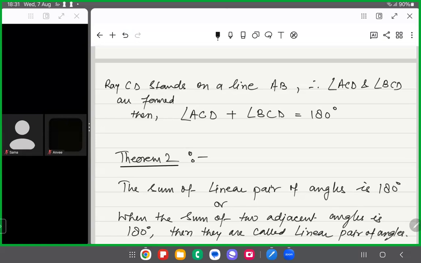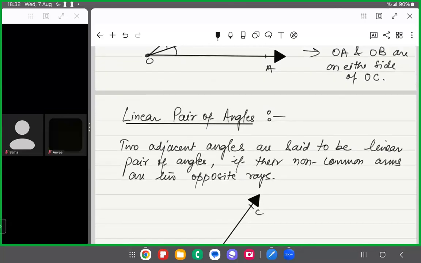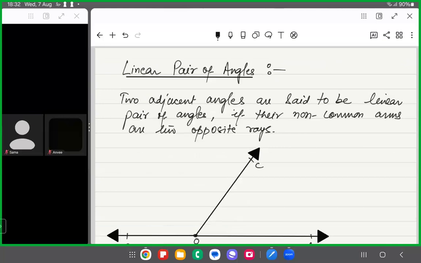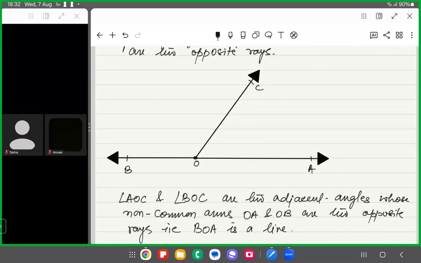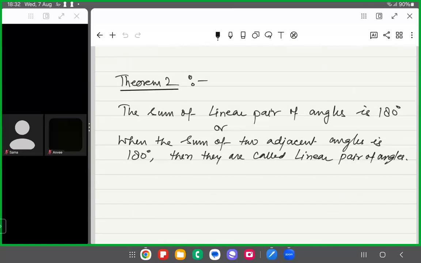Okay. So adjacent angles are said to be linear pair of angles, same as we have discussed here in this part, when the two non-common arms are opposite rays, that means their sum is 180 degree, right? That means the adjacent pair of angles whose sum is 180 degree, those adjacent pair of angles are called linear pair of angles, right?